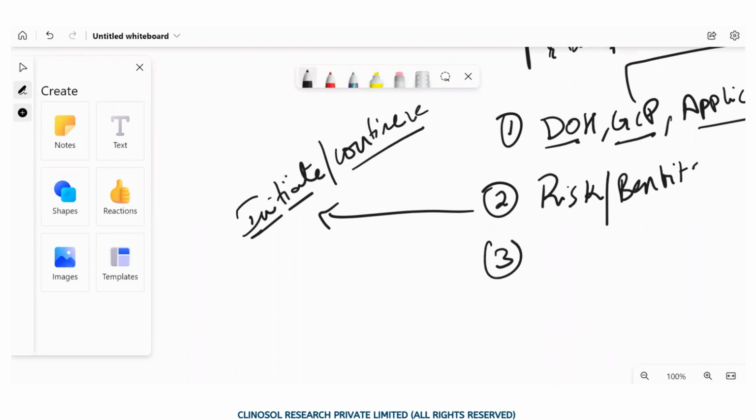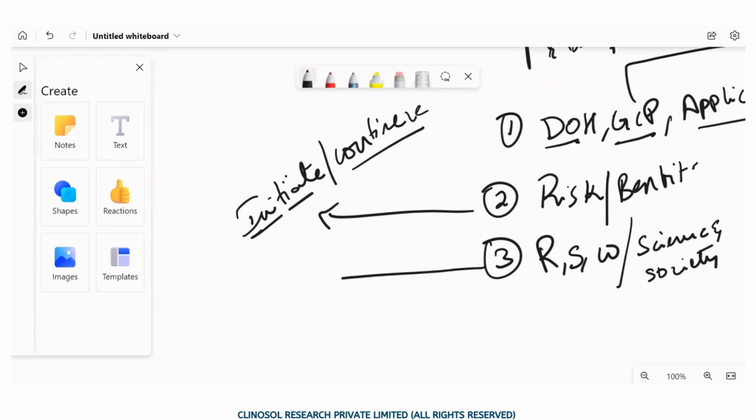Coming to principle number 3. There are 2 words here. The first word is RSW, and the second is science and society. RSW stands for rights, safety, and well-being of trial subjects.